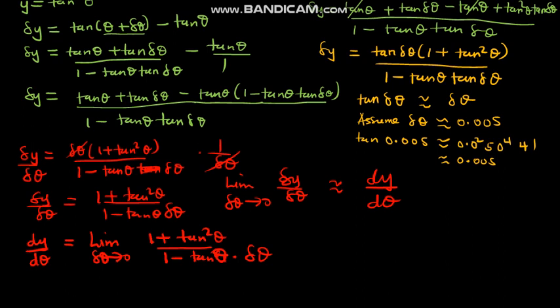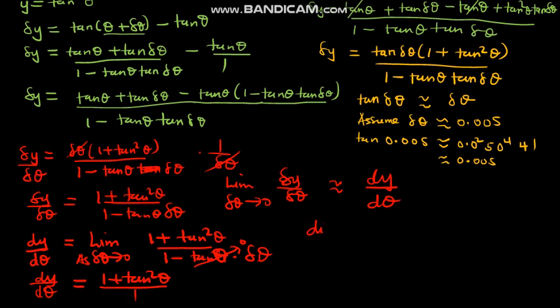As the small change in theta tends to 0, this term goes to 0 because we shall have 0 times tan theta, so it is 0 divided by 1.